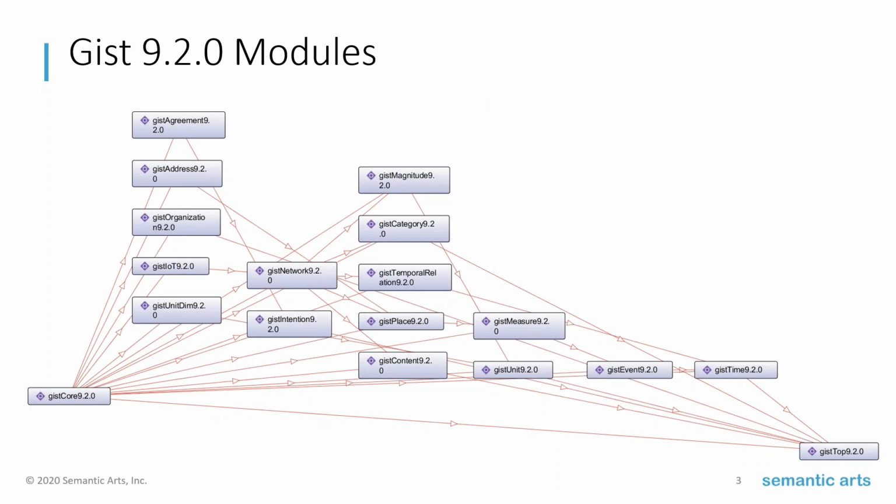I am now in favor of de-modularizing GIST, because it's just confusing when you have an ontology for just category, but the class is not in that ontology, etc.